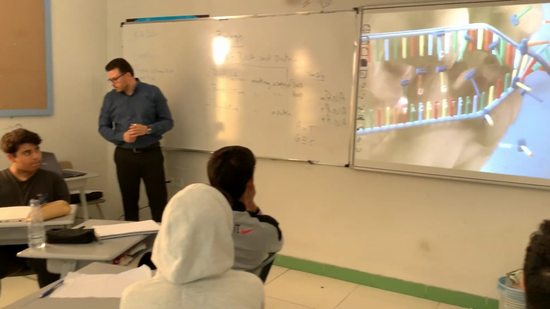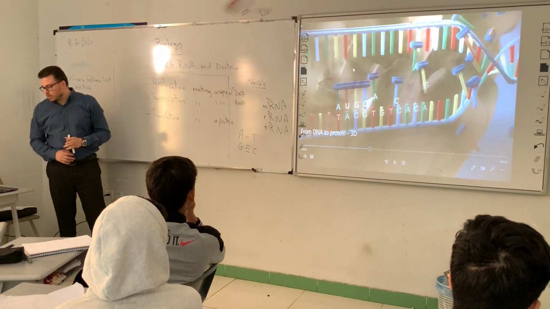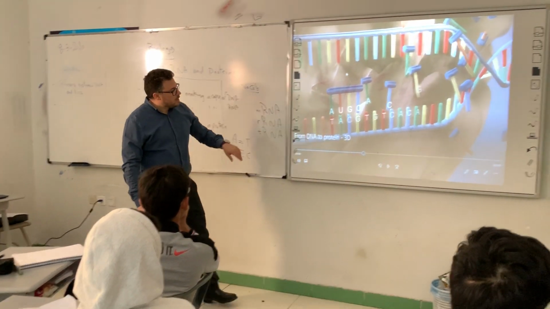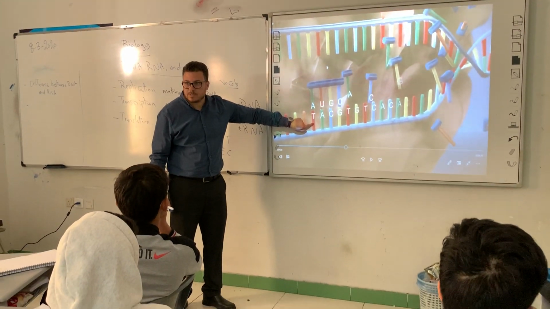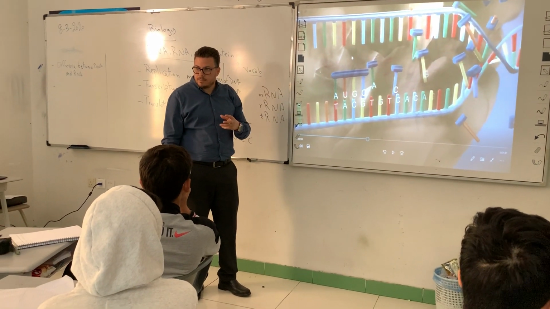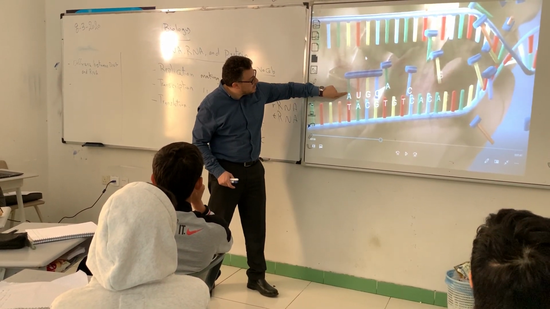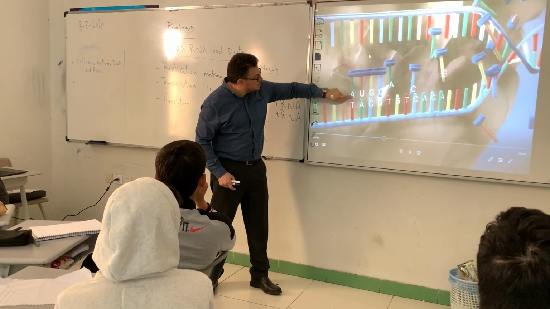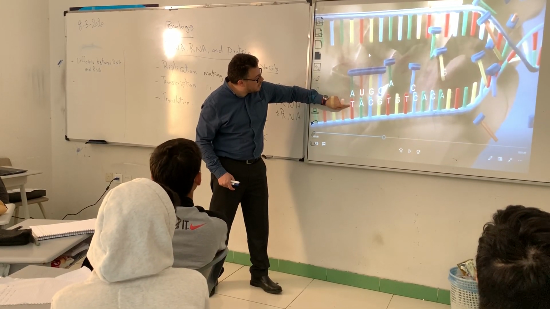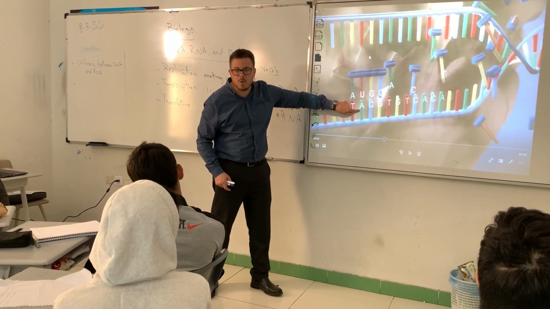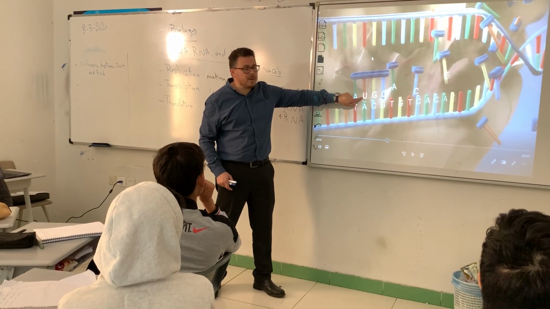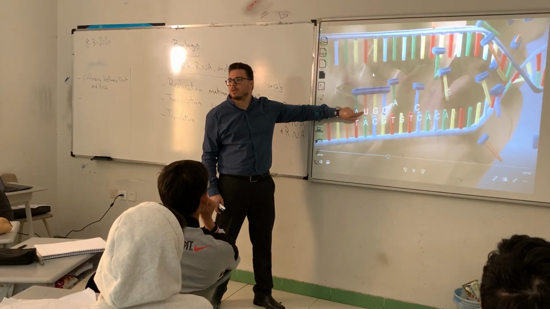Let's focus. What's going on here? Here the nucleotides, which exist in the nucleus, are going to be attached to the DNA. So adenine is coming with thymine. Uracil is replacing which one?